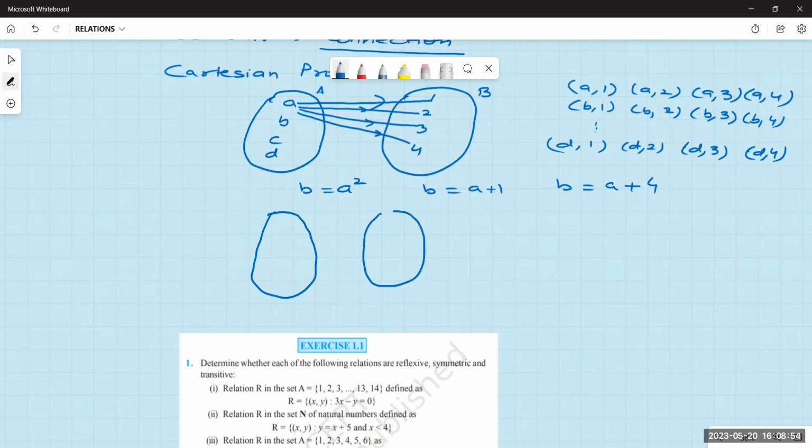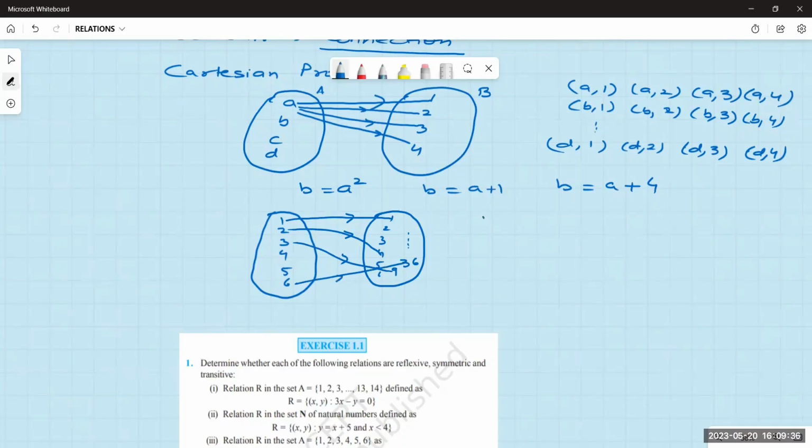So if I draw the mapping of this, here it is 1, 2, 3, 4, 5, 6. Here it is again 1, 2, 3, 4, 5, 6 till 36. B is square of A. So 1 is related to 1, 2 is related to 4, 3 is related to 9, and so on, and 6 is related to 36.